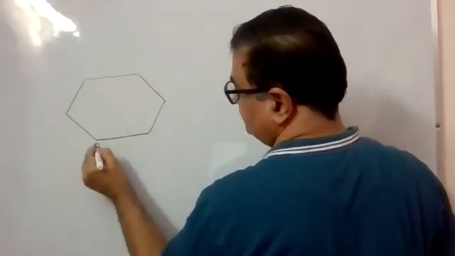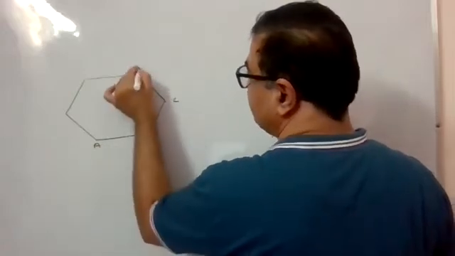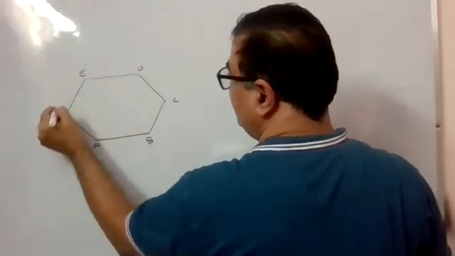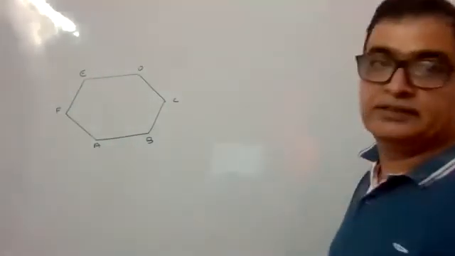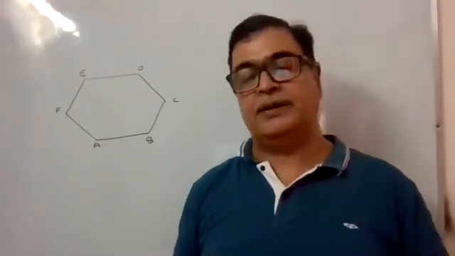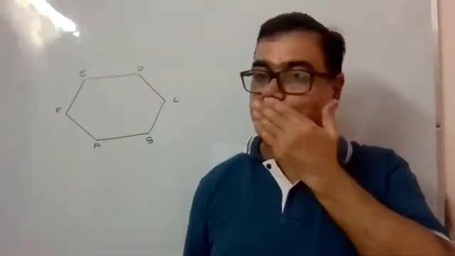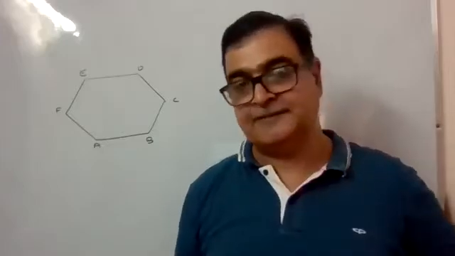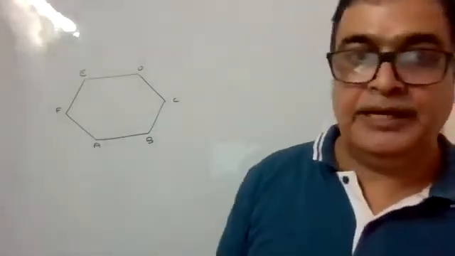How many triangles can be formed with the vertices of a hexagon? If you take the vertices of a hexagon and make triangles, how many can you make, you can tell me. Yes, say it.